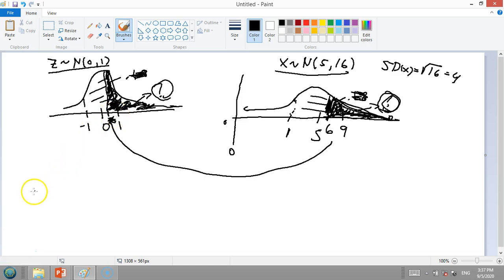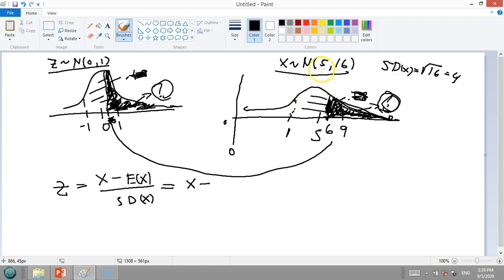It turns out that the transformation formula is as simple as this: x minus the expected value of x over the standard deviation of x. And let me tell you why.